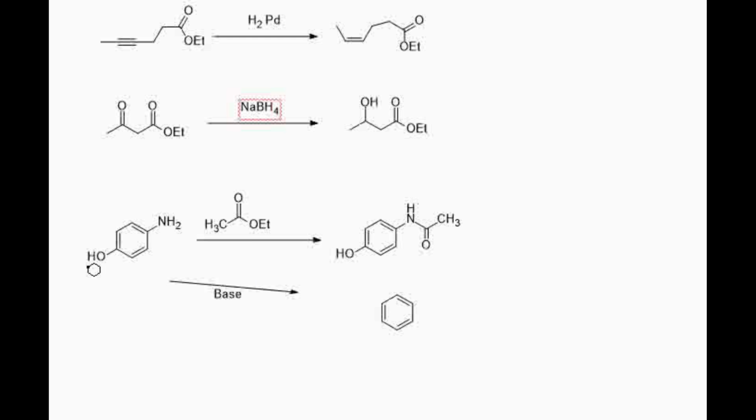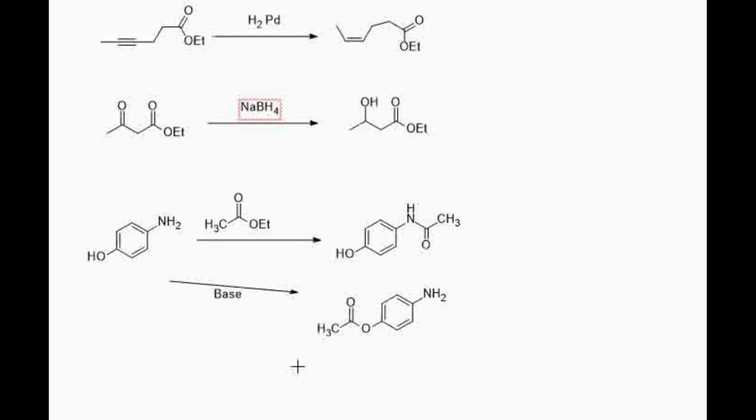Now the product will be the acetylation will occur at alcohol group, not in amine now. So this will look something like this. We have O, then O, C, double bond, O, and here we have CH3.